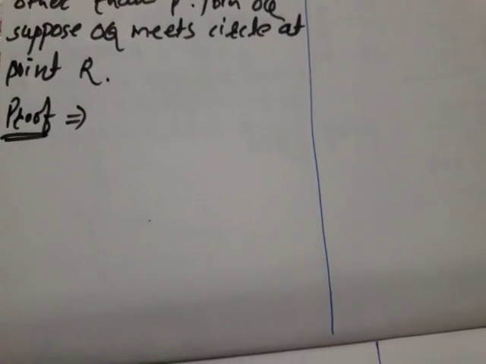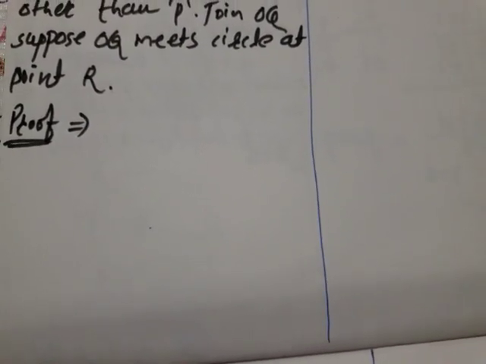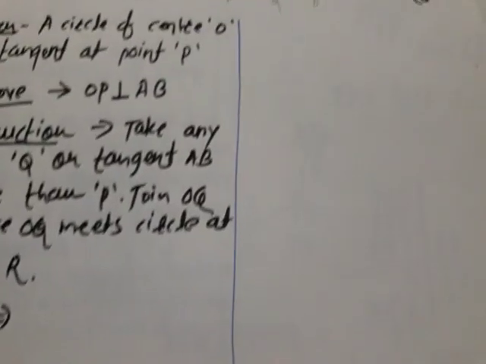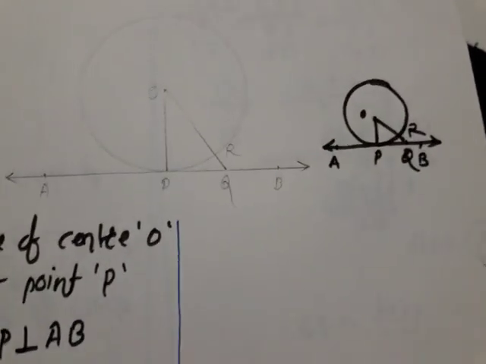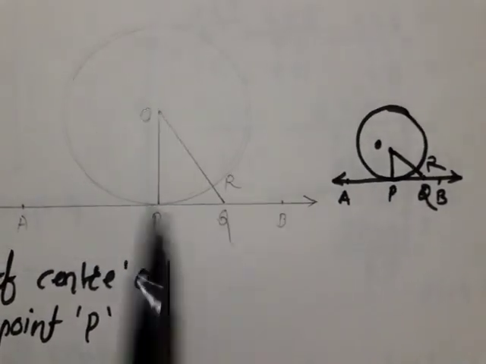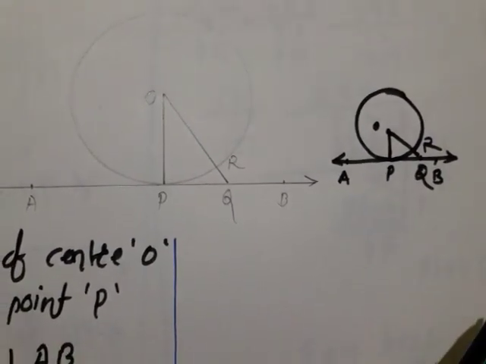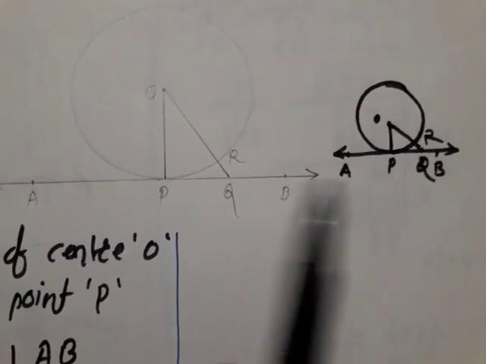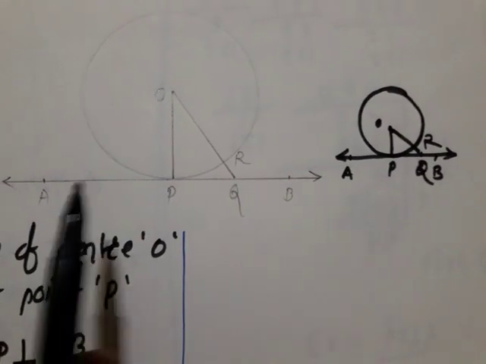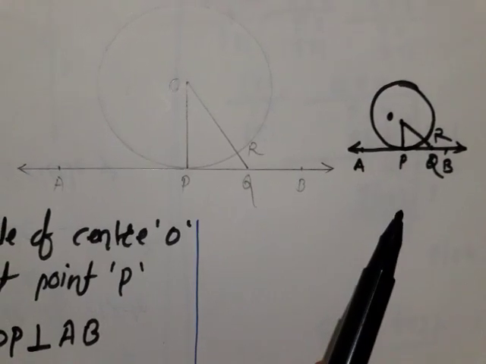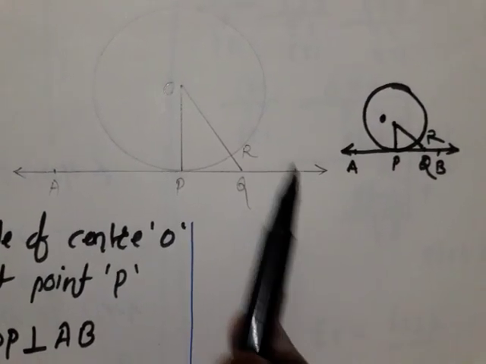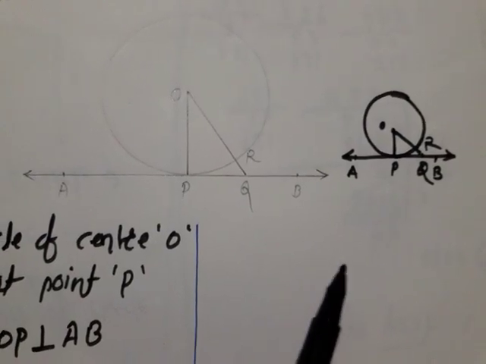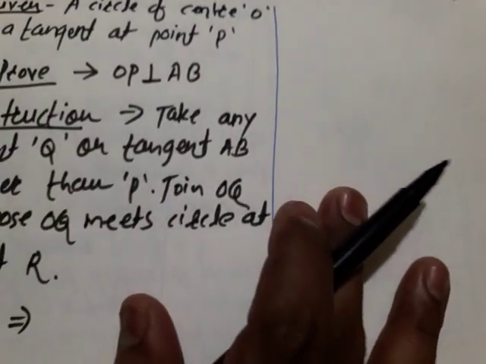Look here, we know that among all line segments joining the point O to a point on AB, the shortest one is perpendicular to AB. The shortest one is what? Perpendicular to the AB.